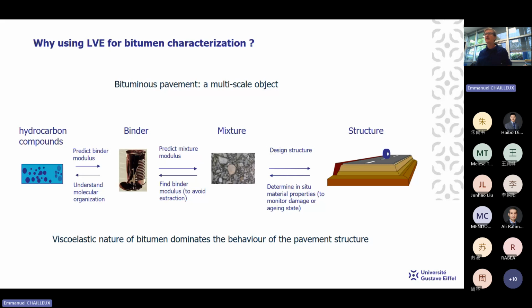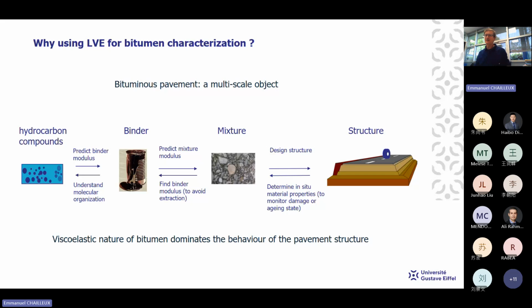We also know that the bituminous pavement is a multi-scale object, and we have links between these scales. These scales can be defined from the hydrocarbon compounds, the molecular structure of bitumen, to the structure, passing through the binder and the mixture.